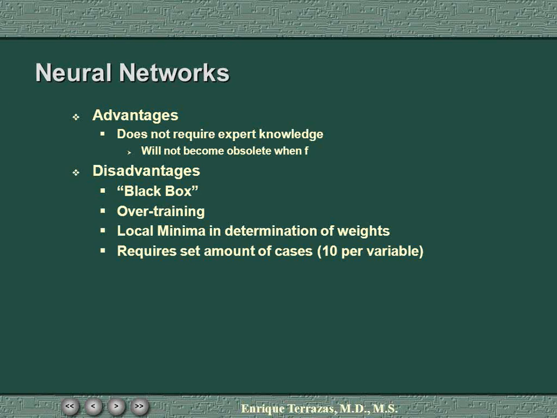All you need are the variables once you train your neural network. So once you have it, it's very easy to perform later on. The advantage is it doesn't require expert knowledge and will not become obsolete when the knowledge in the field advances.